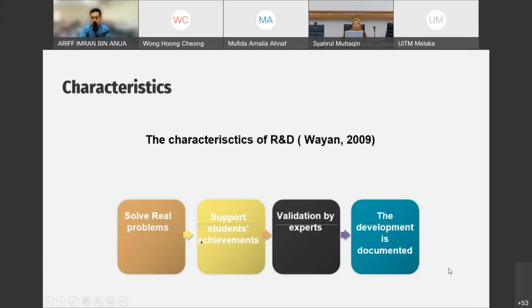And then the characteristics of research and development are that this research solves real problems. It supports student achievement. There is validation by the experts, and there is the development, and the development is documented.